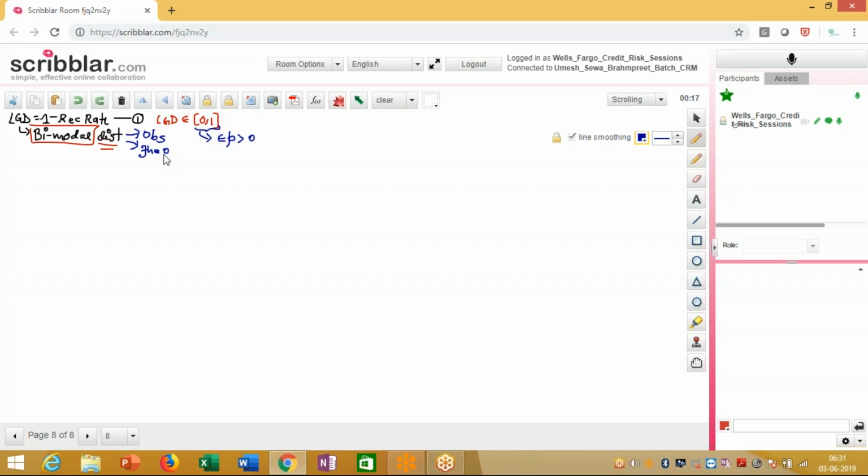So I'll start off with the basic concept of the observed distribution, because when we talk about observed LGD and predicted LGD, we are essentially talking about the observed LGD distribution and the predicted LGD distribution.